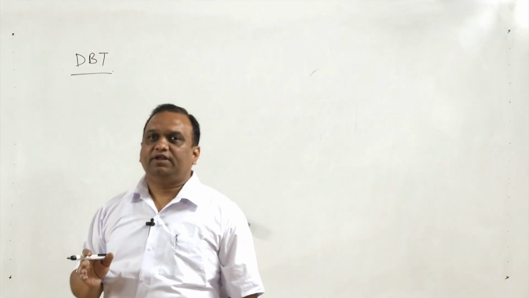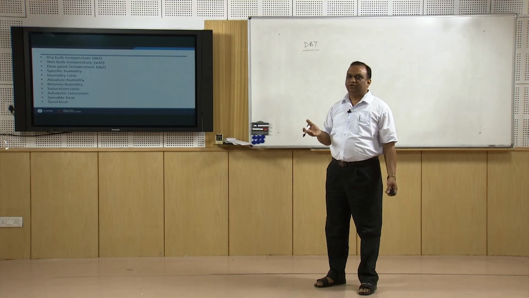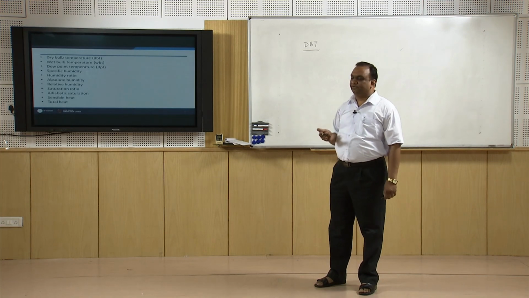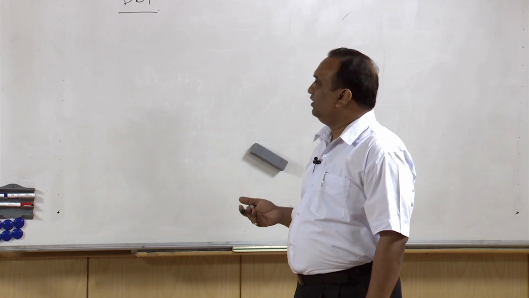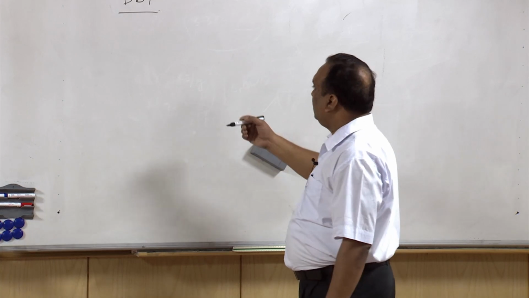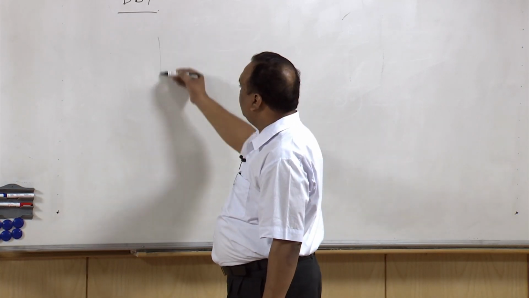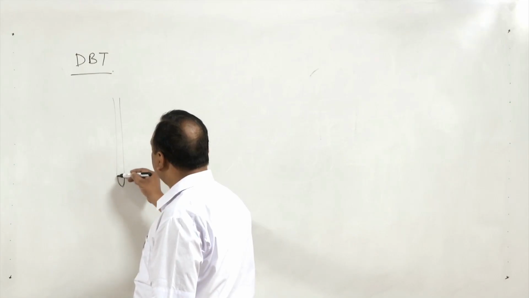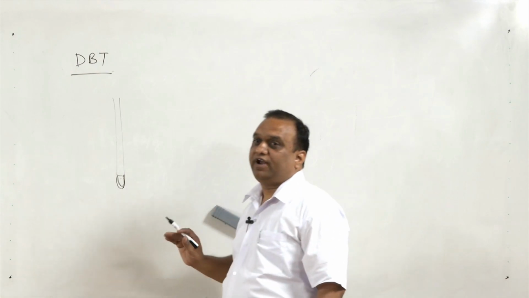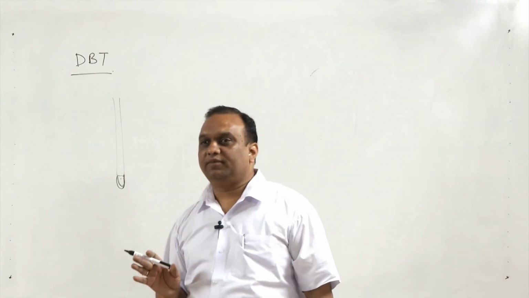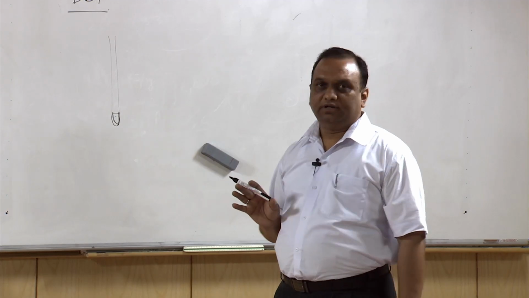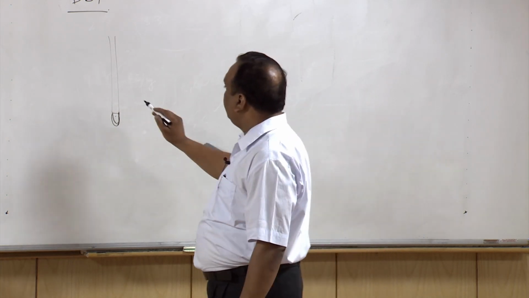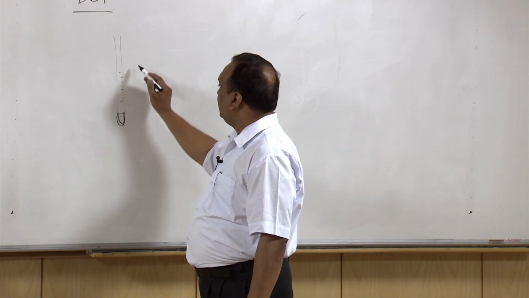Now, dry bulb temperature is the normal temperature measured by using a thermometer. So, a normal thermometer, that is a liquid in glass thermometer, you must have seen a liquid in glass thermometer, which is used for medical purposes also. It has a bulb and the bulb is dry. There is no coating on the bulb, there is no fluid on the bulb, and the temperature indicated by this liquid in glass thermometer is known as dBT.